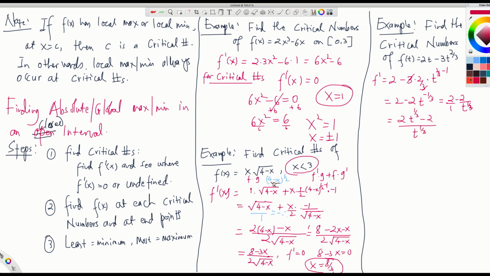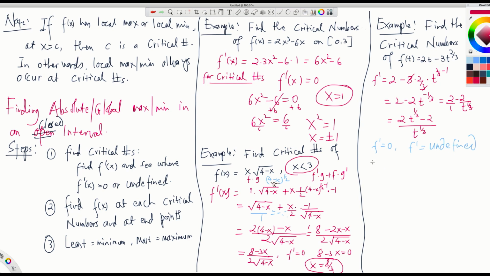You see that? So for the critical values, either f prime must be 0 or f prime must be undefined, right? This is needed for the critical value. As in the previous example, if f prime equals 0, then the numerator equals 0.